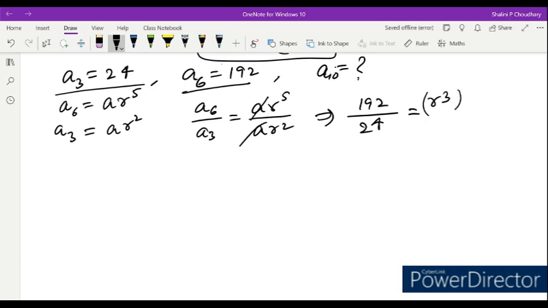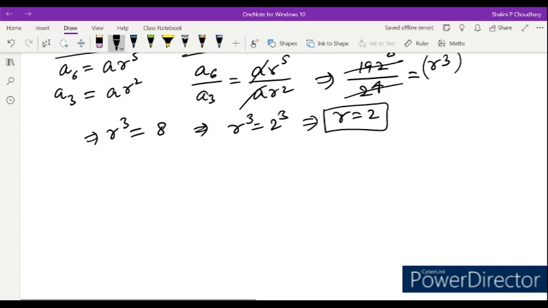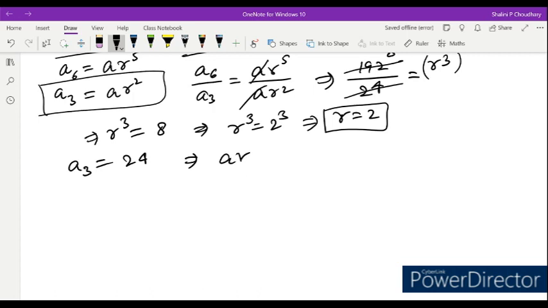When we cancel this, 24 eights are 192, it means r cube is equal to 8. It means r cube is equal to 2 cube, so r will be equal to 2. Now what we have to do is put the value of r in any of the terms. We know a3 is equal to 24, and a3 will be equal to ar square.